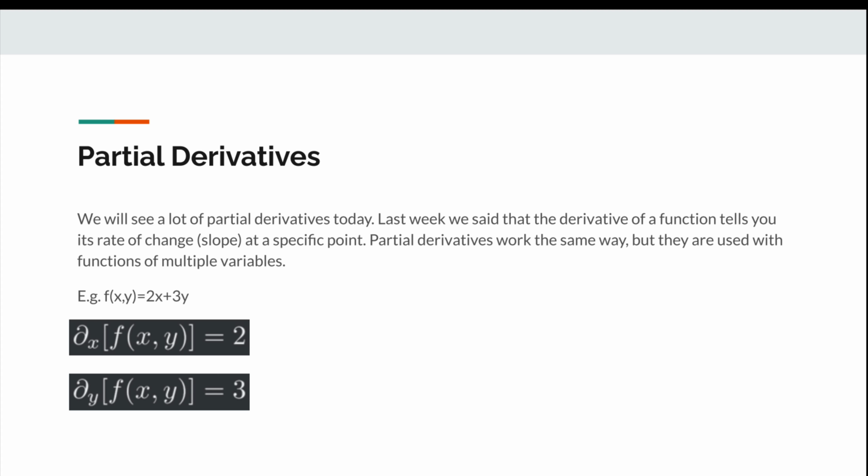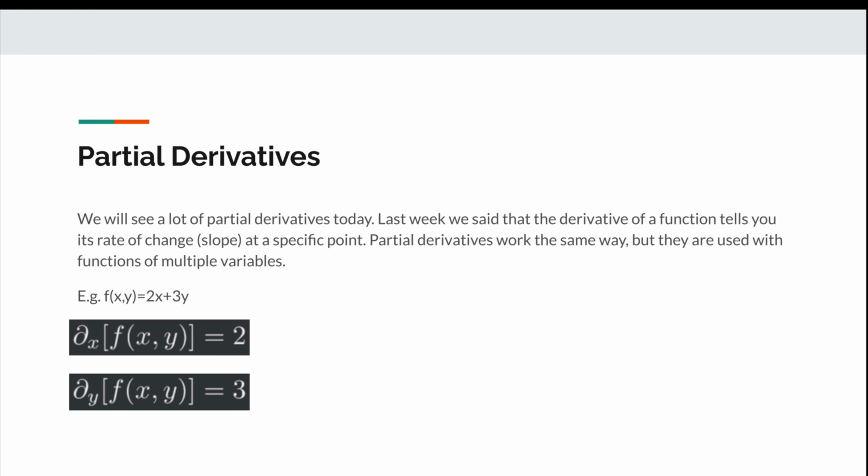Another thing is that we will see a lot of partial derivatives today. So last week I briefly said what a derivative is. It basically just tells you a function's rate of change or slope at a specific point. And partial derivatives work the same way, but they are used with functions of multiple variables. So for example, we have this function f of x and y is 2x plus 3y.